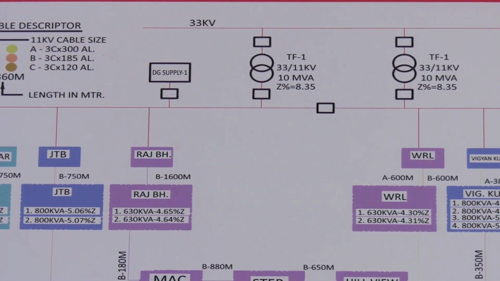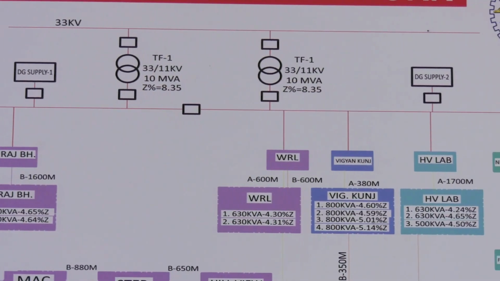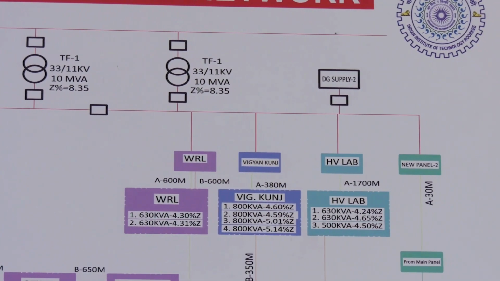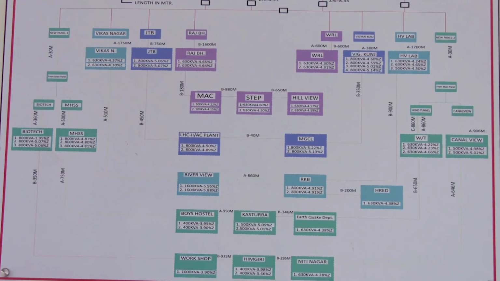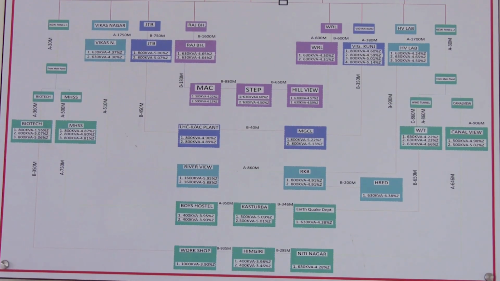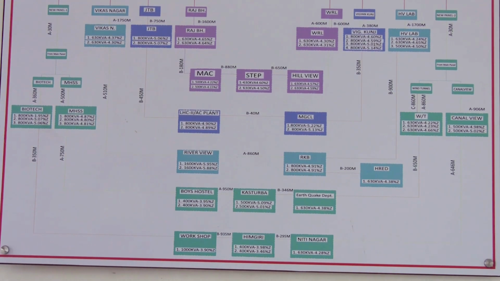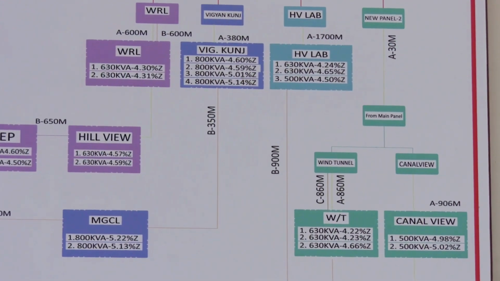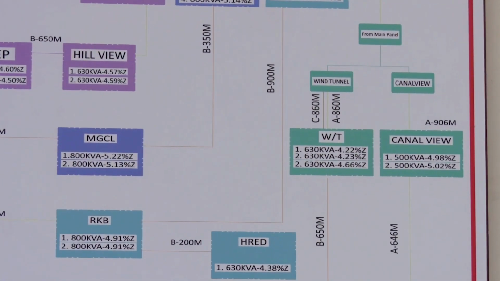The campus features two 33/11 kV transformers and 4 diesel generators, with 2 of the diesel generators represented as a single unit in the diagram. Additionally, there are 10 outgoing feeders and 24 11 kV substations distributed throughout the IIT Roorkee campus. This setup ensures a reliable and efficient power supply to all parts of the campus.